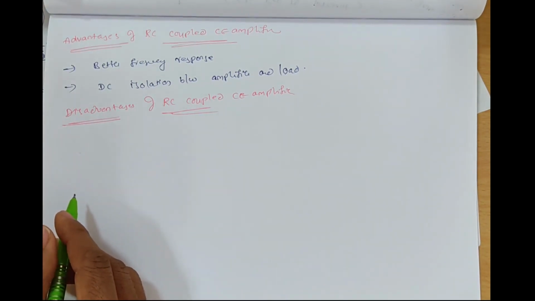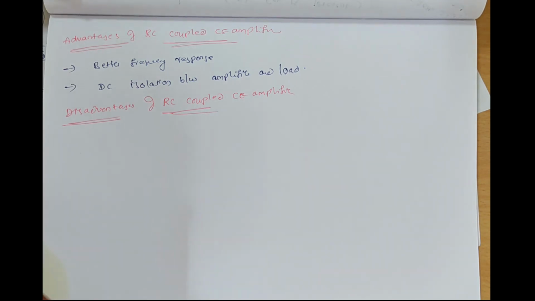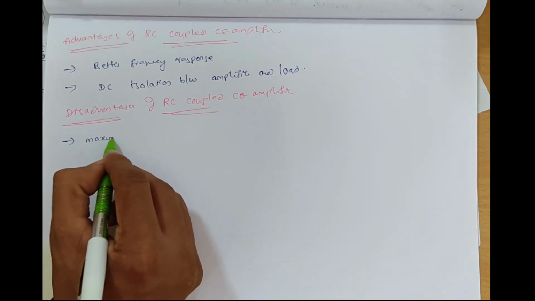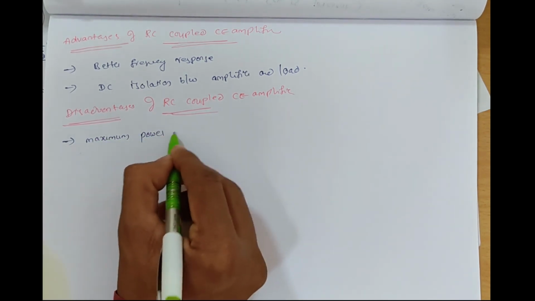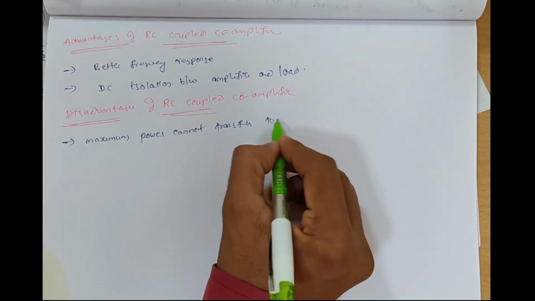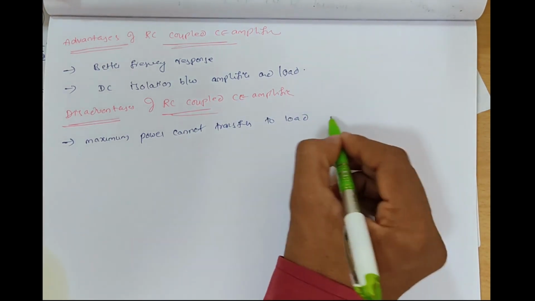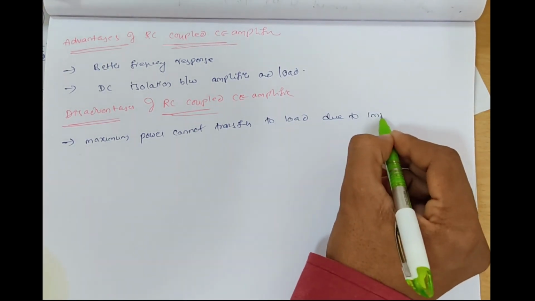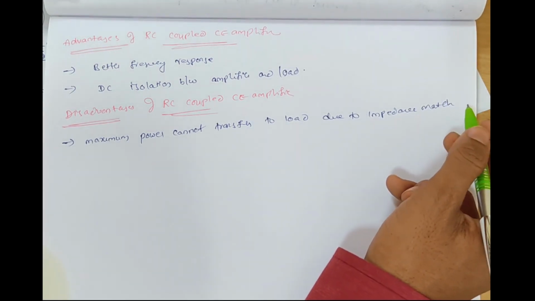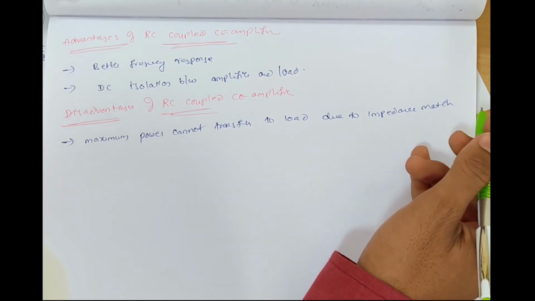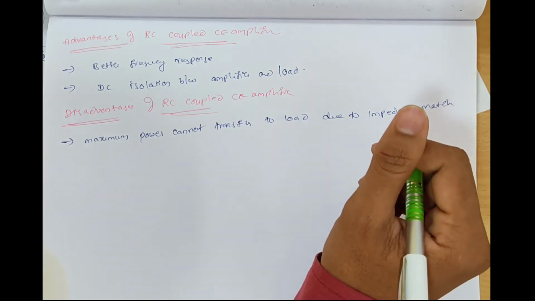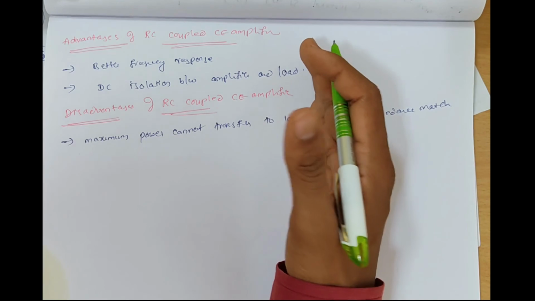In this RC coupled CE amplifier, maximum power cannot be transferred to the load due to impedance mismatch. We already know the maximum power transfer theorem: when source resistance equals load resistance, the maximum power will be transferred from the source to the load. Here power is transferred from the amplifier to the load.